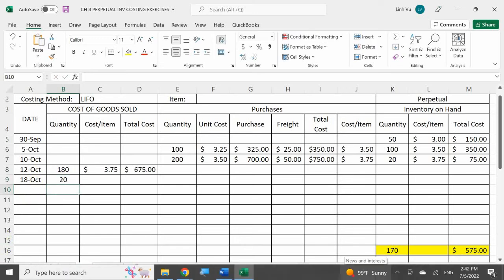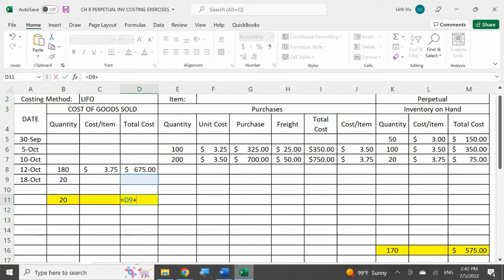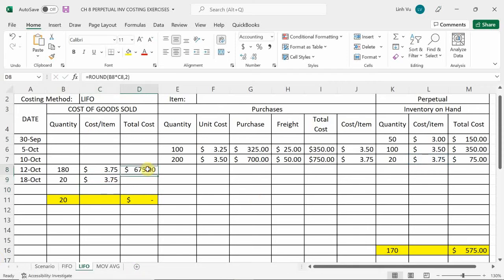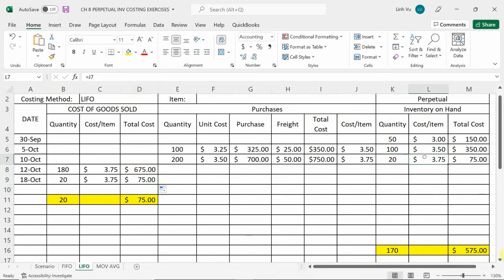In this case, we have to split up our batches of inventory, since we're taking the rest of the inventory here at $3.75 each, which should give us the $75 right there. So we can get rid of this batch of inventory. No more from there.